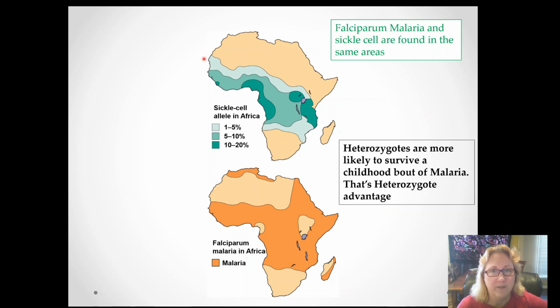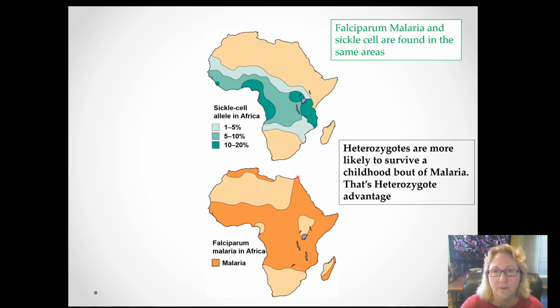Where we find this in Africa, that's where we find the sickle cell allele. The green here is the distribution of the sickle cell allele in Africa. You can see that in some areas, the percentage of individuals who are carriers of this is close to 20% of the population.